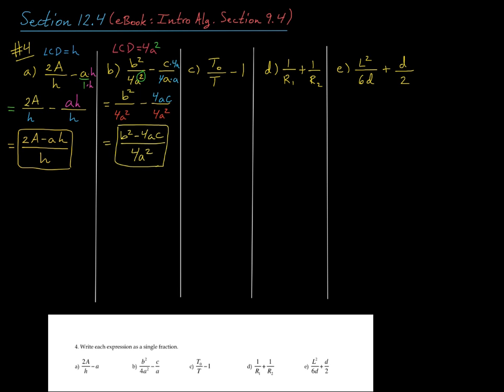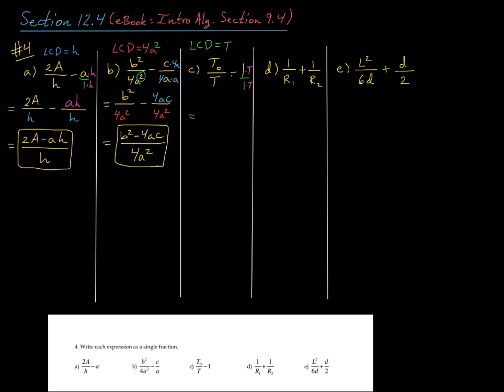For C, well, when I see a number like 1 here, thinking about this as a fraction, you could think of it as 1 over 1, and my LCD here would just be t, because my denominators are just t and 1. So here I'm just going to multiply top and bottom by t.